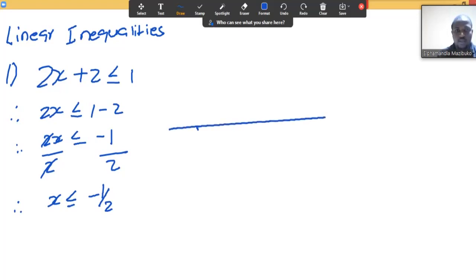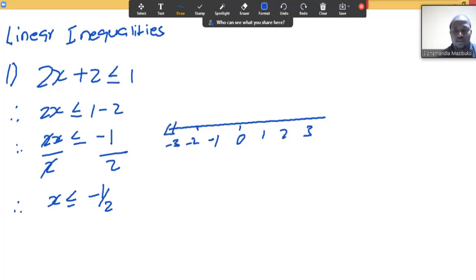This is our number line. What we do with our number line, we always have 0. So this is our 0. Say we have 0, we have 1, we have 2, we have 3, so this would be minus 1, minus 2, minus 3.